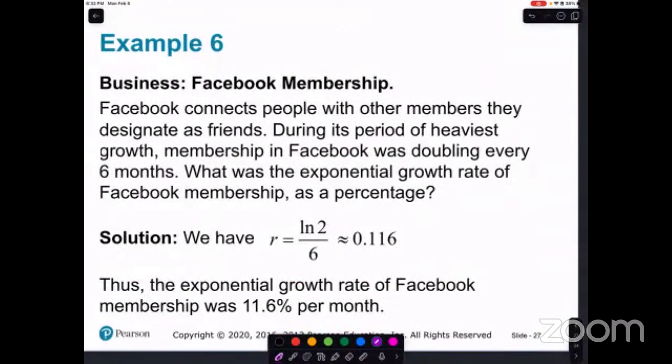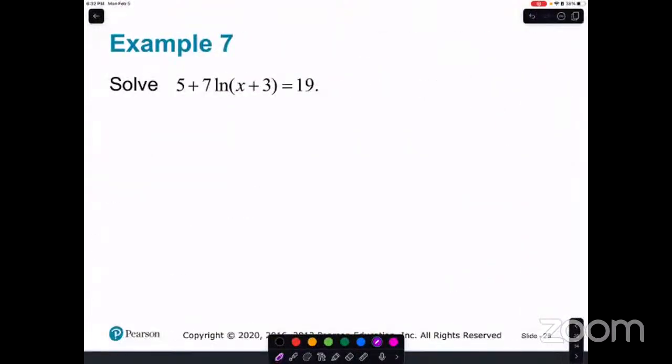So then we're asked to solve this. Okay. So again, we're going to be using inverse operations to basically isolate the x. So I think I'd want to just get a copy. 5 plus 7 times the natural log of x plus 3 equals 19.